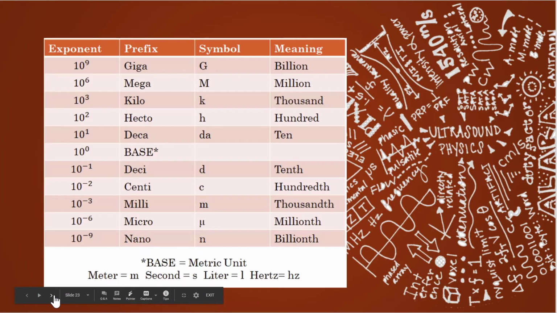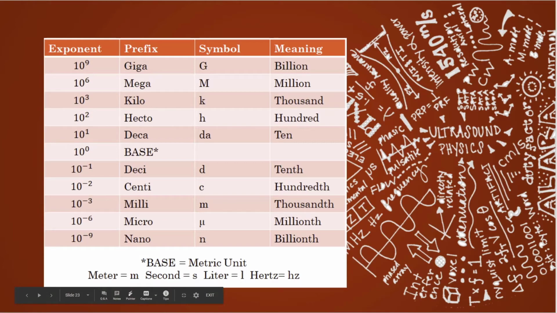And this chart here is going to be very helpful for you to visually see all of it. It tells us what type of exponent we're working with for each prefix, what the prefix is, the symbols that we use for it, and the meaning as well.